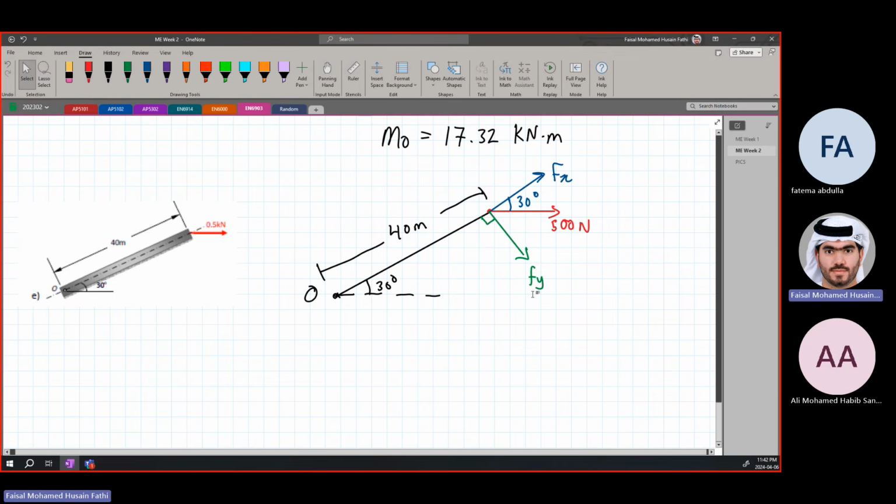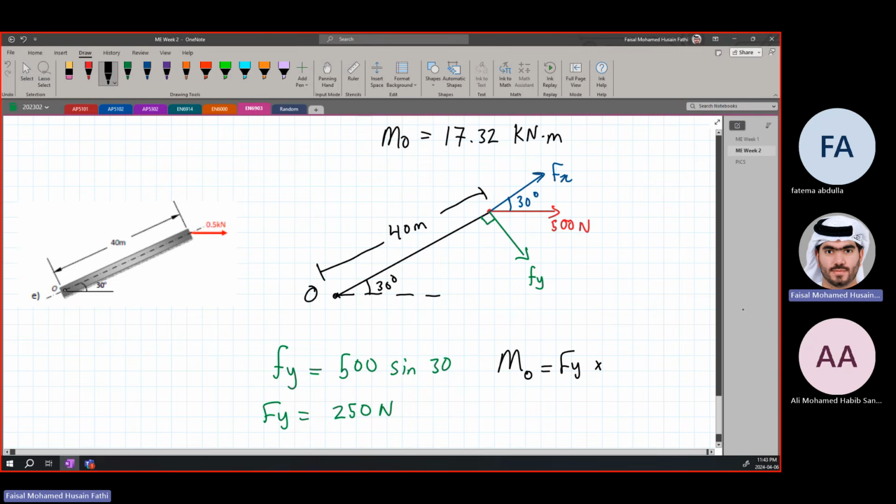Now we just need to find the force component that is perpendicular, which is Fy, which is equal to 500. Is it opposite or is it adjacent? It's opposite. So in this case, it will be sine 30. So Fy is equal to 250 newtons. Now we need to find the moment M. M about O is going to be equal to the force Fy times the perpendicular distance to Fy, which is 40 meters.